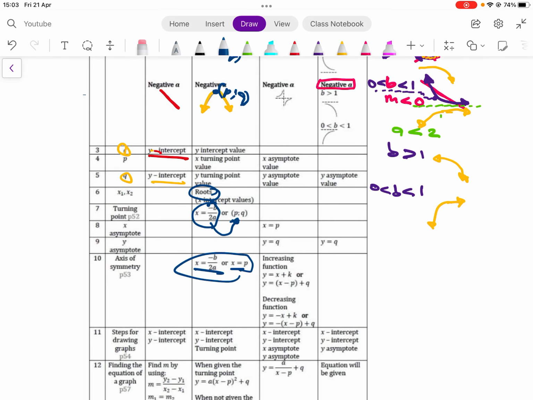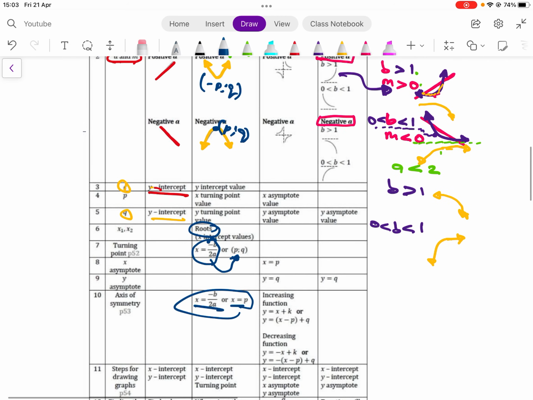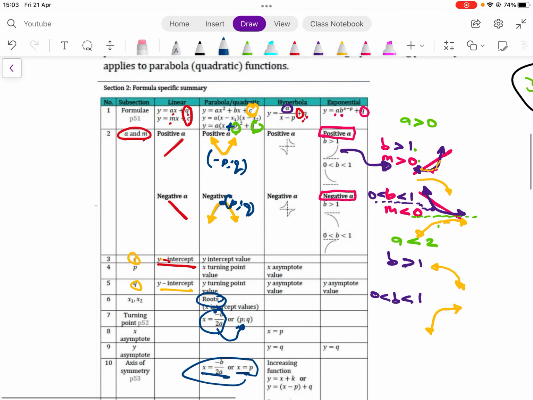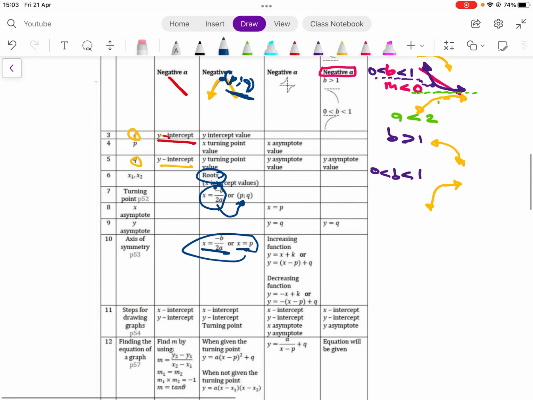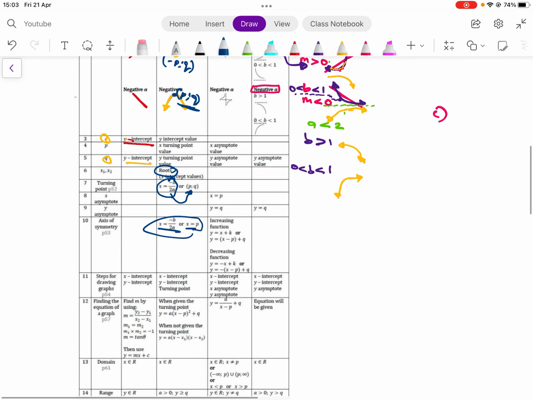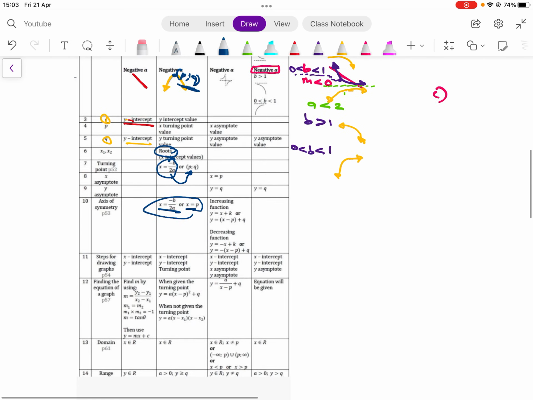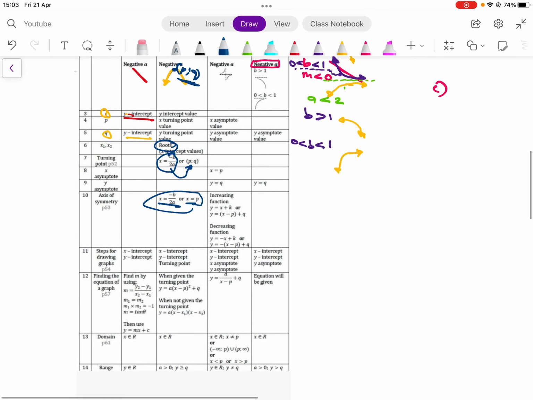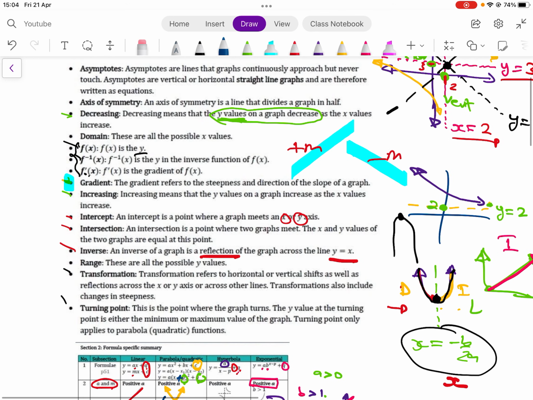Here, those are the x-intercepts. And Q could be the y value of the turning point. I hope the fact that I wrote it as coordinates here, you can tell that this is the y value of the turning point. Okay, and what else? I just want to see if I've covered everything. The domain acts as an element of real numbers. Did I speak about domain and range earlier?